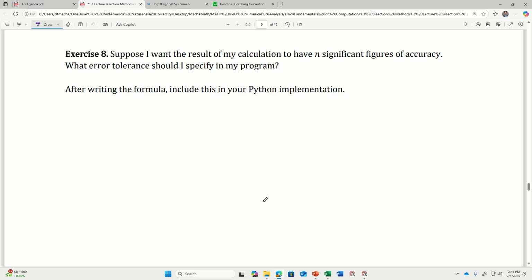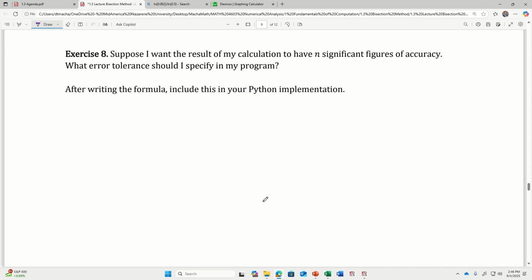It's not going to give them 15 digits after the decimal. It's going to cut it off eventually. And so if I know the display is going to round my result to 4 significant figures, then what's the tolerance I need to specify?